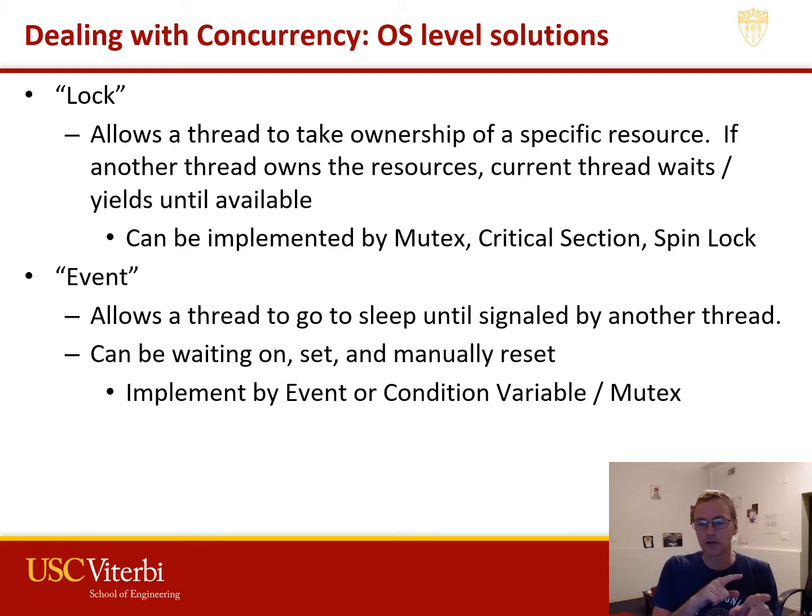An alternative is to set up something a little bit more complicated, an event, where I will notify you when it's available. An event will allow a thread to go to sleep, meaning just turn off that thread, and wake it up when it's ready.